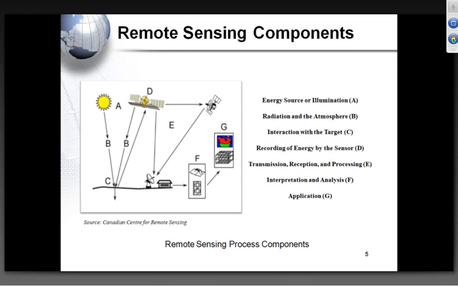Now, remote sensing components. What are the remote sensing components? As shown in the figure, first of all, there is the energy source or illumination. That is the sun. That is the primary energy source in case of remote sensing.